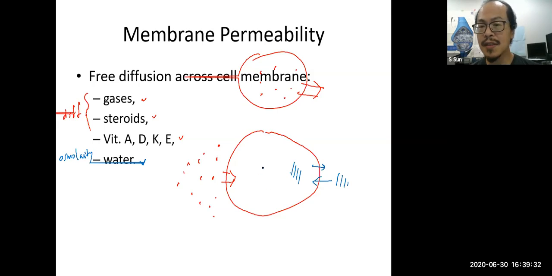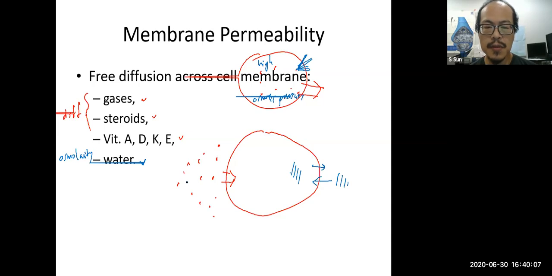So if the solute is high, then it's very condensed, right? A lot of things here, so water will move in, because here has a high concentration of stuff. It's very much like a dry towel. It will suck water into it. So inside has high osmotic pressure.